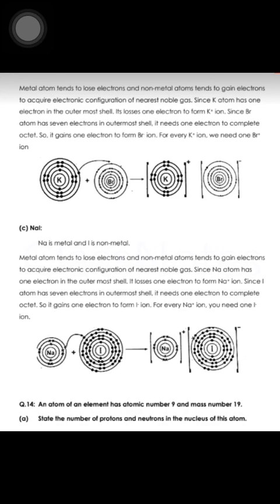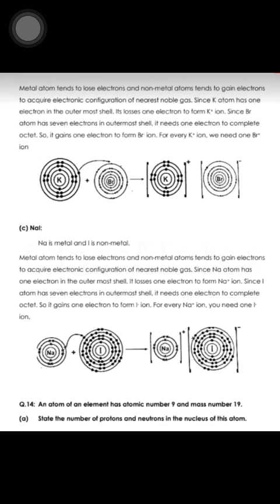So potassium will lose 1 electron from the outermost shell and bromine will gain 1 electron because bromine has 7 electrons in the outermost shell. So both of them, by losing and gaining an electron, form their octet. Similarly, when we are talking about sodium iodide, sodium has 1 electron in the outermost shell, whereas iodine has 7 electrons in the outermost shell. So sodium will lose 1 electron and iodine will gain 1 electron and form cation and anion.